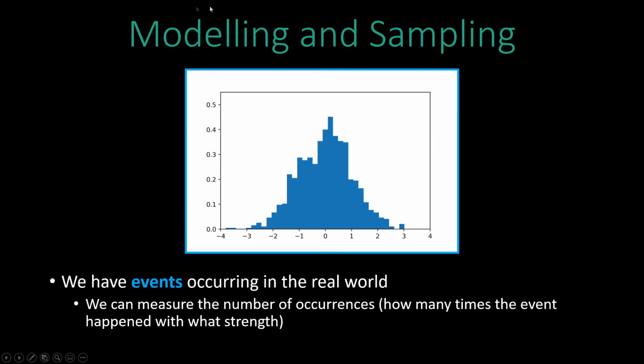And so this whole section is called modeling and sampling, because we want to create some model. Okay, and so again, how to describe this? These are the number of occurrences of that event with this strength, right? So with this number happening in some measurements with these occurrences.